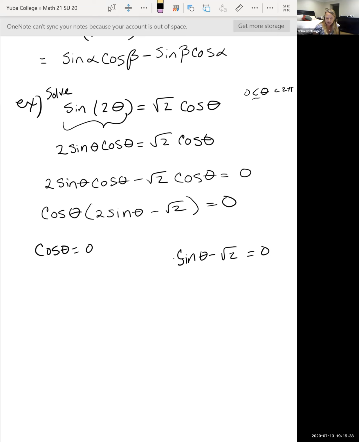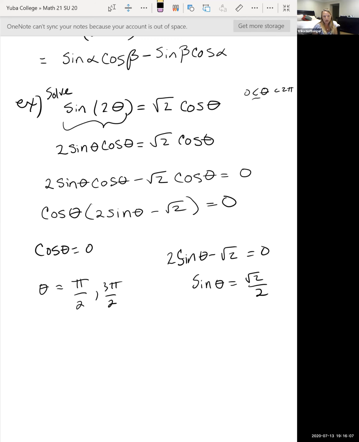Well, cosine theta is equal to 0 when, well, cosine is your x value, so when it's on the y-axis, that would be at pi halves and 3 pi halves. Solve for sine here: add root 2, divide by 2. So we're looking at when sine theta is equal to root 2 over 2.